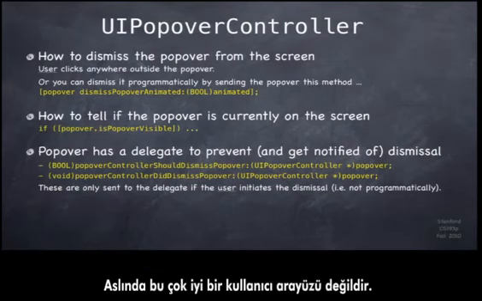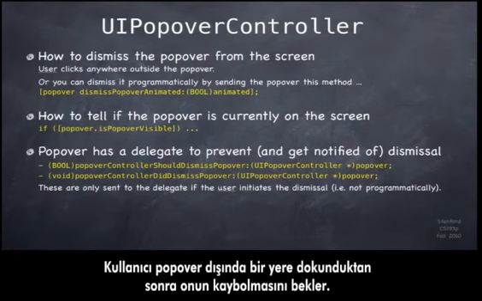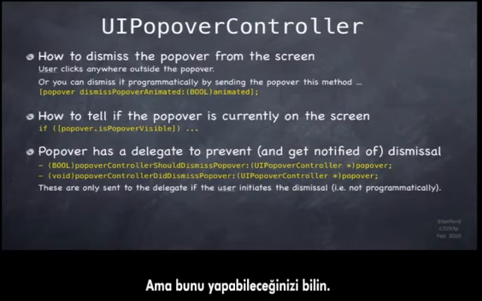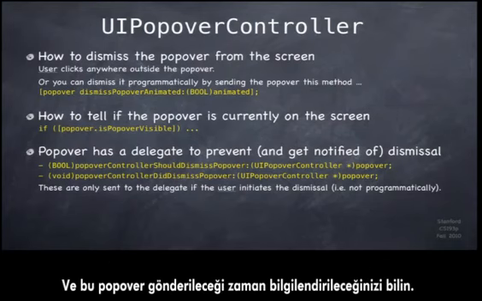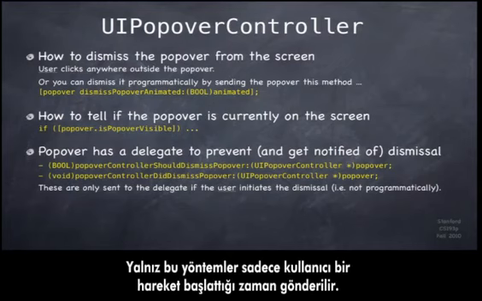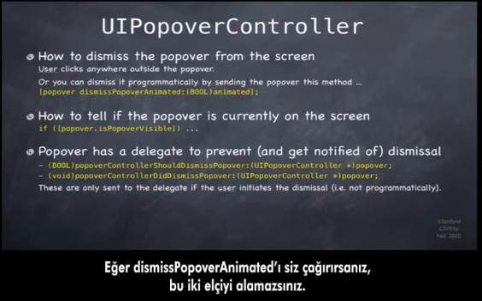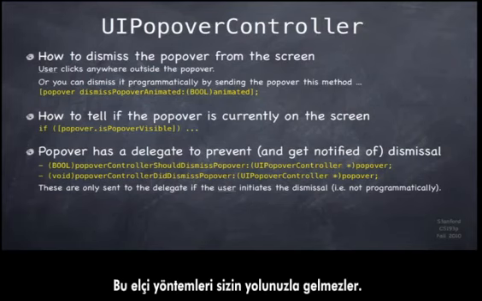Okay? That's probably not so great a UI. Users expect after a while that if they touch somewhere outside the popover, it's going to go away. But you can do it. And then also you'll get notified with this did dismiss popover when that does happen. But these methods are only sent when the user initiates the action. If you call dismiss popover animated, neither of these delegate methods will get sent your way.